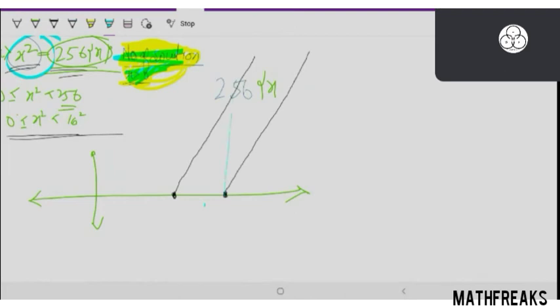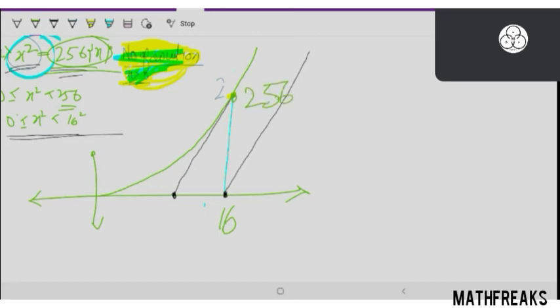And if I draw a vertical line, at this point the graph is discontinuous. Just focus on this point, the graph is discontinuous. But what about the graph of x square? This will cut through this point, right? At this point the value is 16. This value will be what?